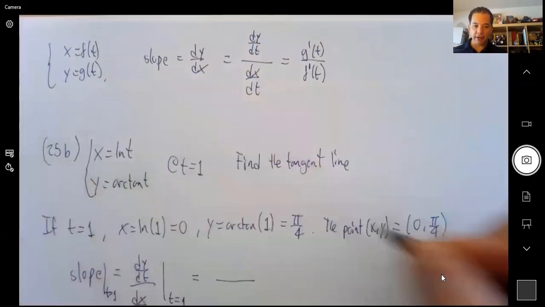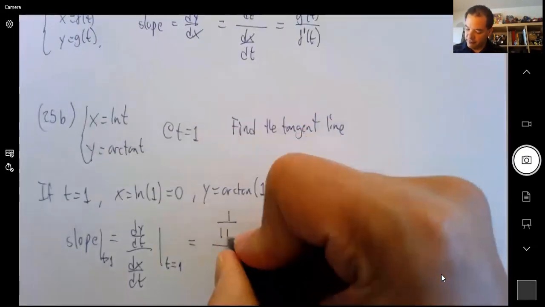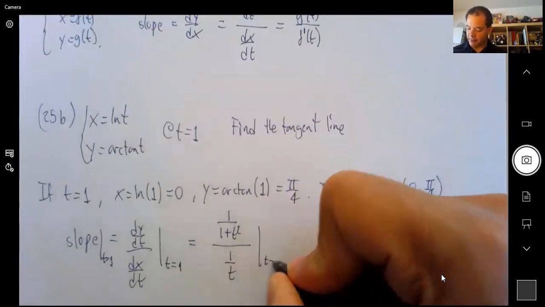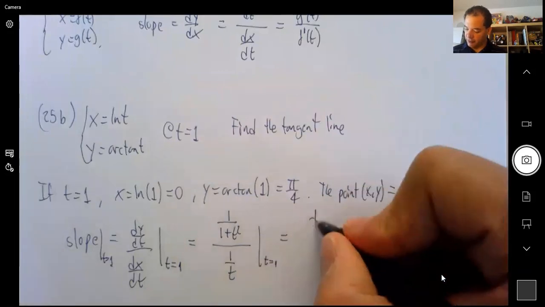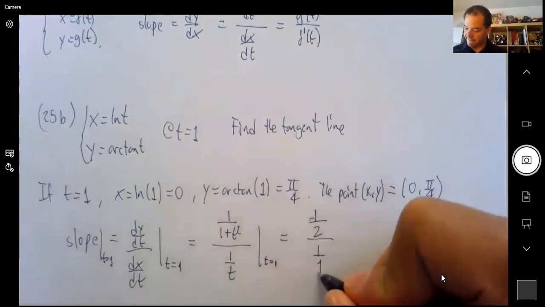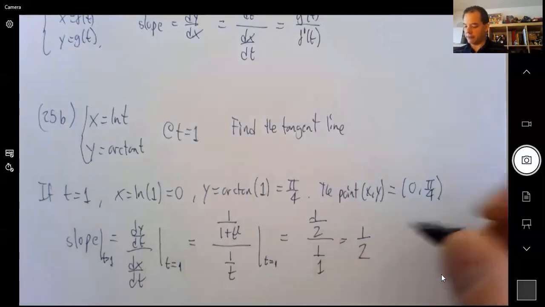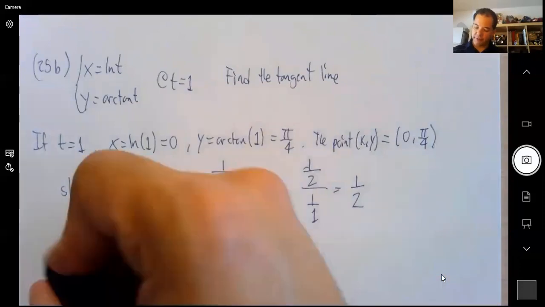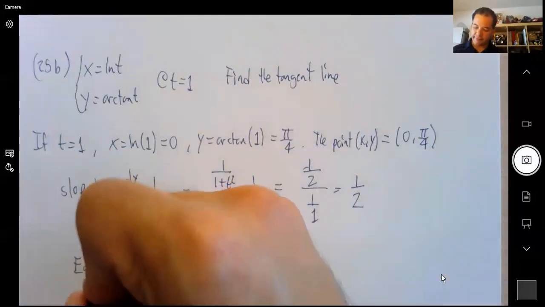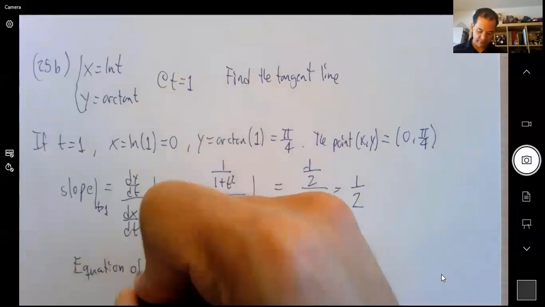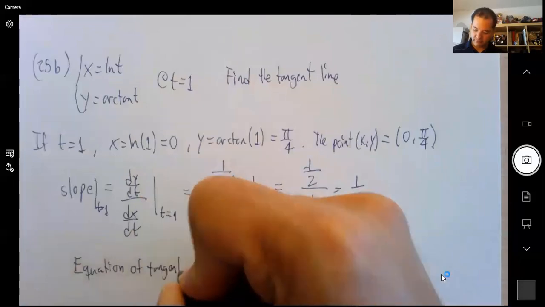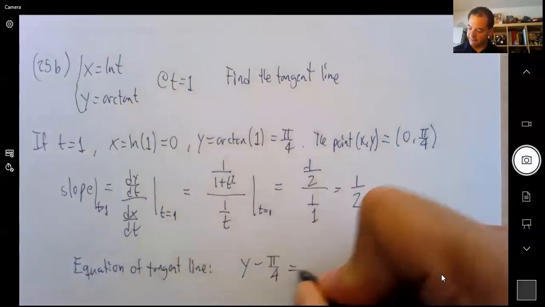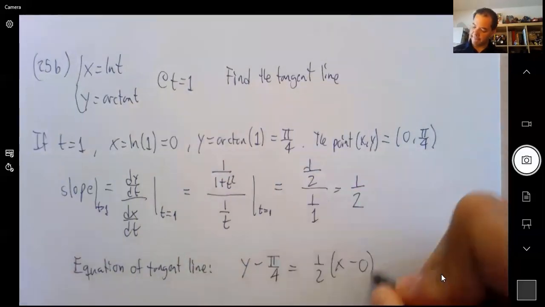The derivative of arctangent, that's 1 over 1 plus t squared. The derivative of ln t is 1 over t. And when t is 1, this is 1/2 divided by 1. So that's 1/2. So the slope is 1/2. And you have a slope, you have a point, you have the equation. So here's the equation. y minus pi over 4 equals the slope times x minus 0.